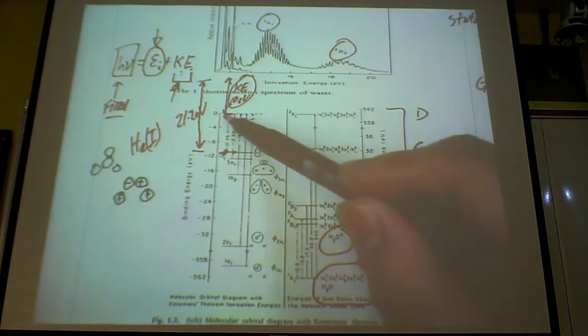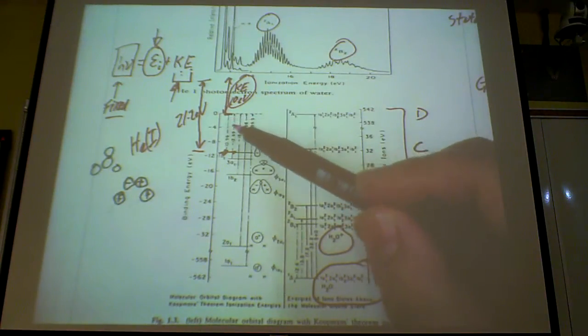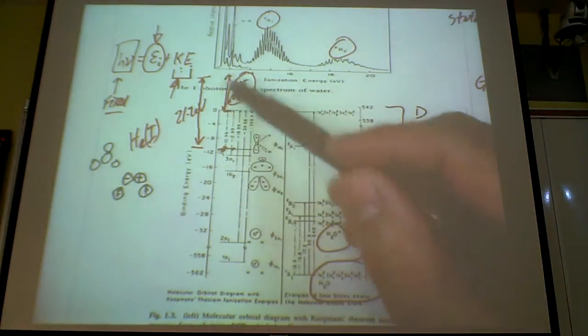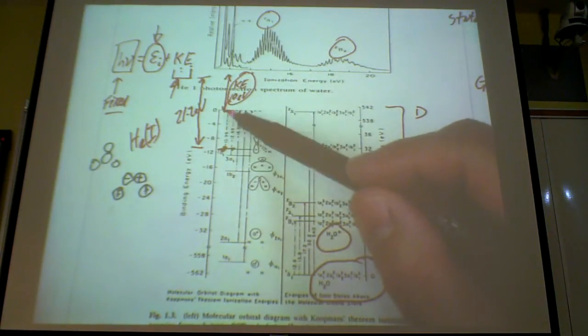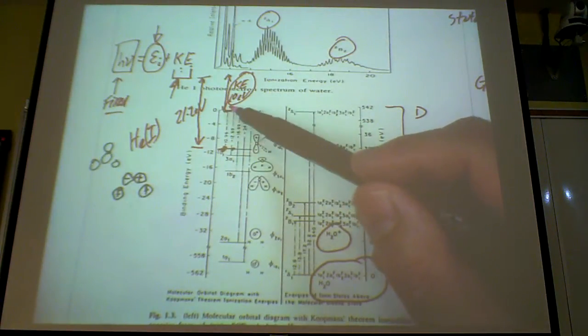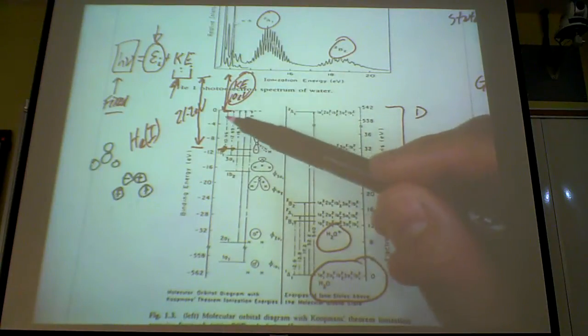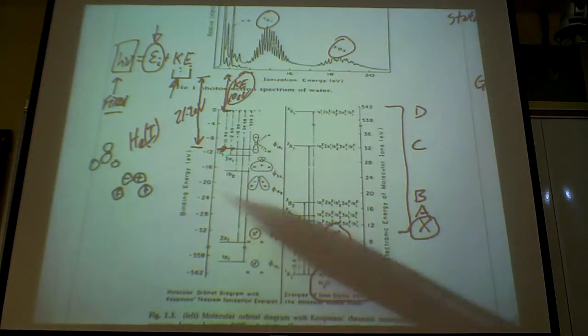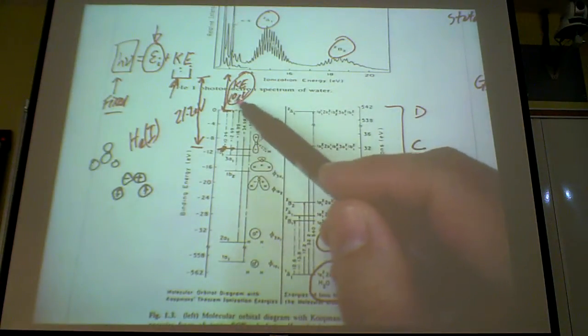The zero binding energy corresponds to what we call the vacuum level. This is the energy state when the electron becomes a free electron. It just overcomes this molecular field, and the rest of the energy it has to carry over. So 11 volt is taken up by overcoming the molecular field, and it still contains 10 electron volts. The 10 electron volt of this free electron will be moving as kinetic energy.